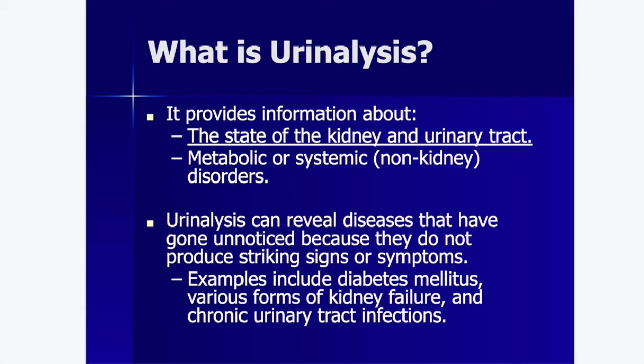Kidney failure also shows up. You can tell if somebody has a UTI or a urinary tract infection. So it does give a lot of information to a doctor. And it's a relatively easy test for the patient to complete because you need to just provide a urine sample at a doctor's office, and then they would send that out to be analyzed.